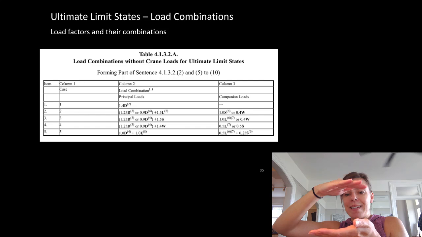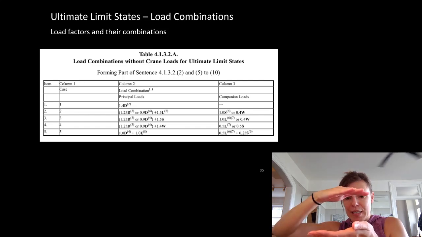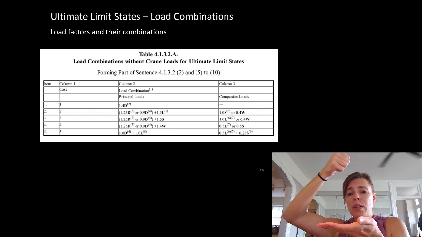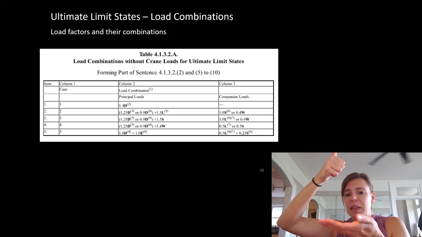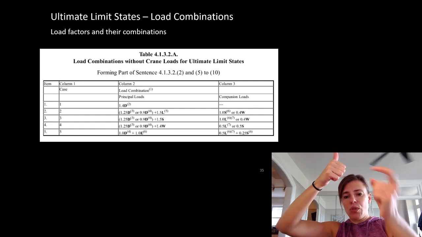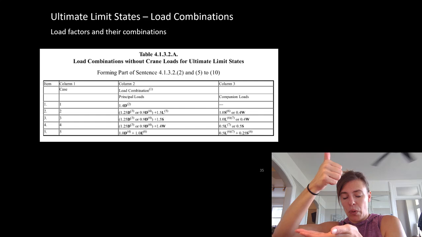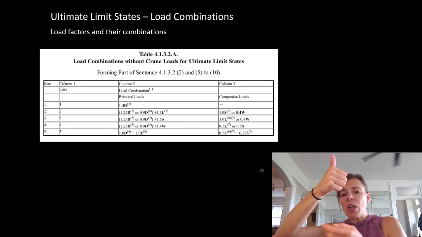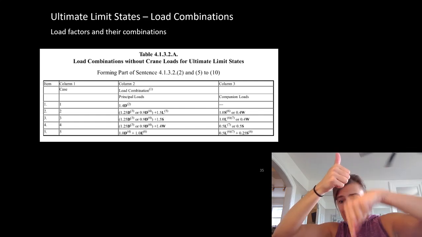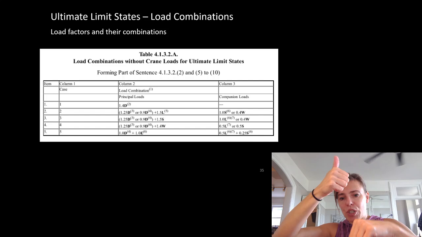Snow and dead and live pushing down will be the worst case for downward stuff, but wind pulling up, live would make it go down, snow would make it go down, so we need to think about wind without a companion load. And we want to say that because the dead load is pushing down, we don't want it to push down too much.